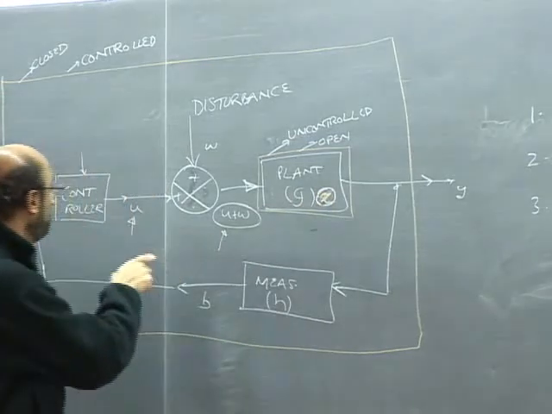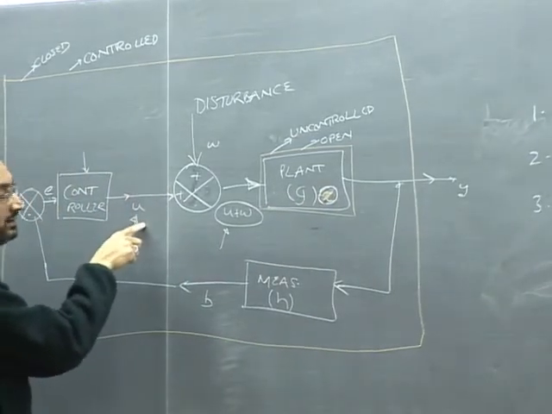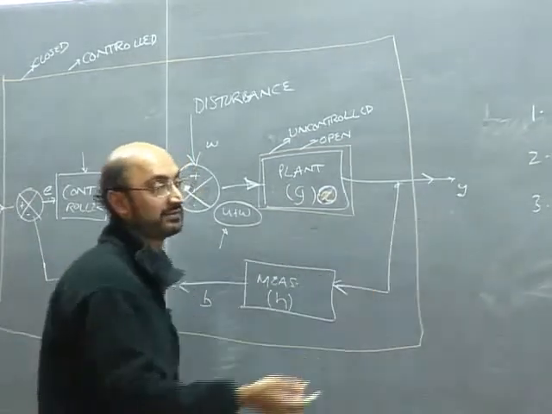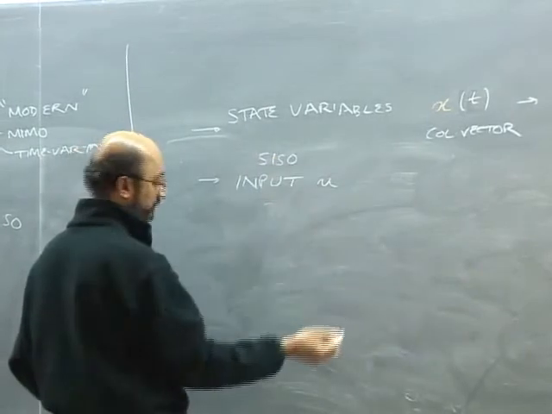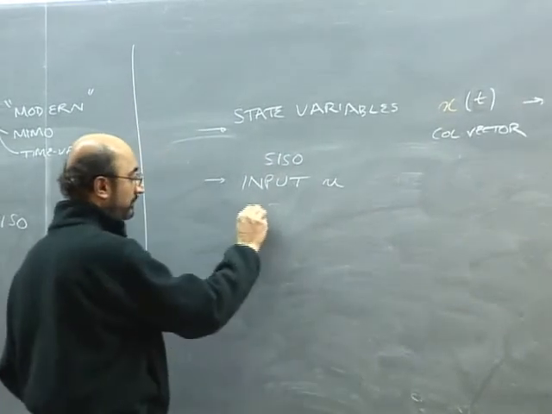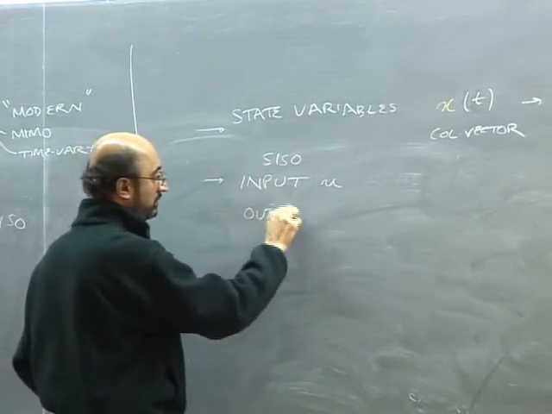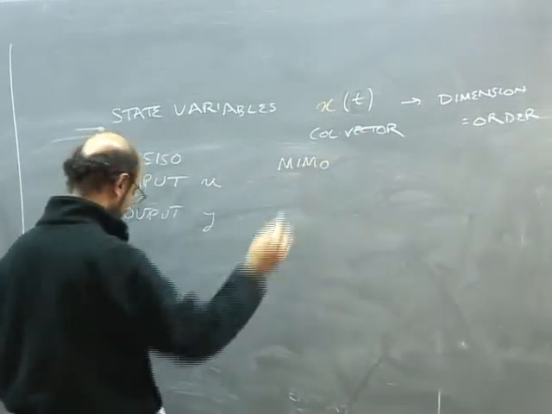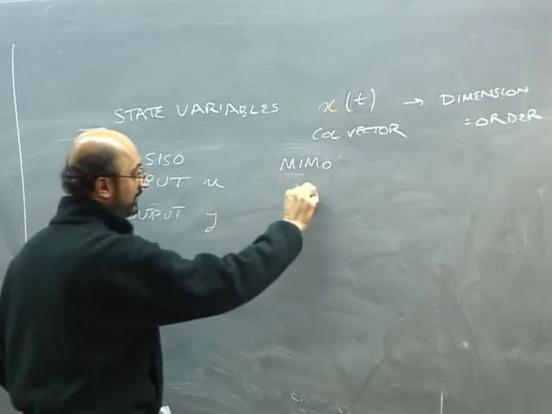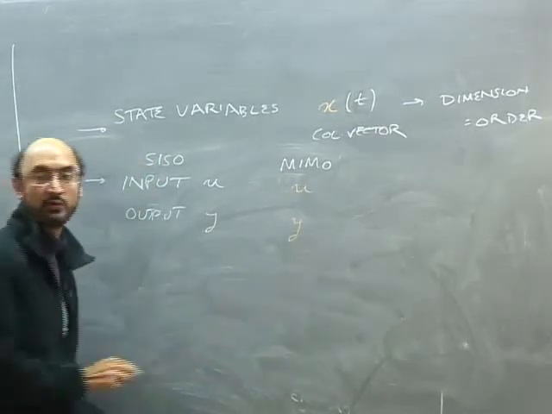The input is u, and that's a scalar, and the output is y, that's a scalar in case of a SISO system. So if it's SISO, input is u, and the output is y. In the case of a MIMO, the input is the vector u, output is the vector y.